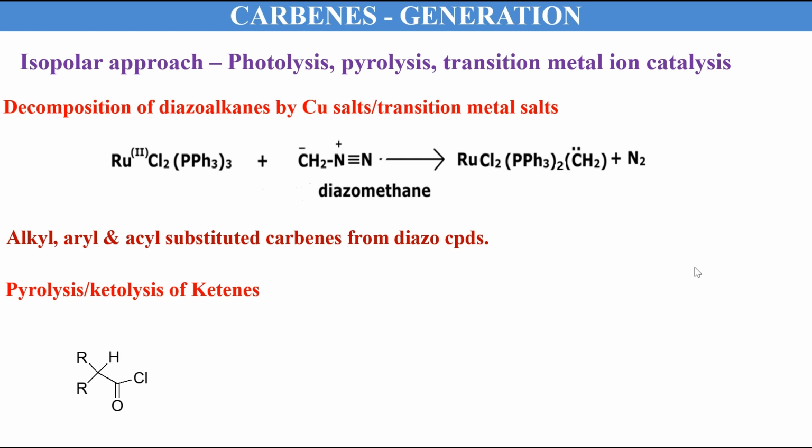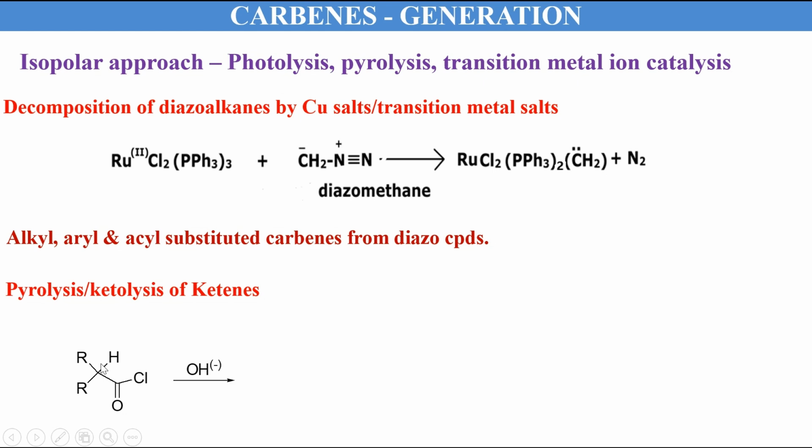If I take an acid chloride in which the alpha carbon has a hydrogen and treat it with a base like sodium hydroxide, this carbon is acidic enough to donate a proton, and hydroxide ions are basic enough to abstract that proton.